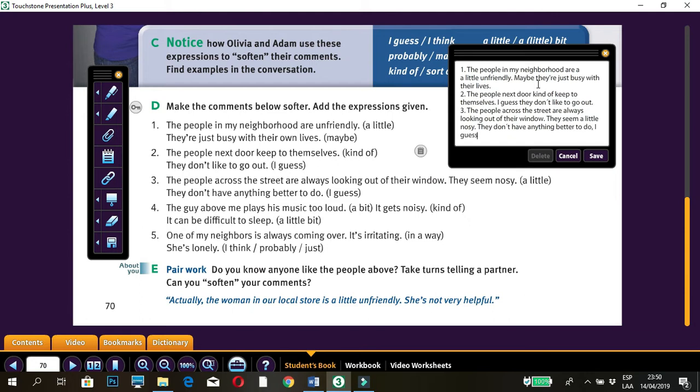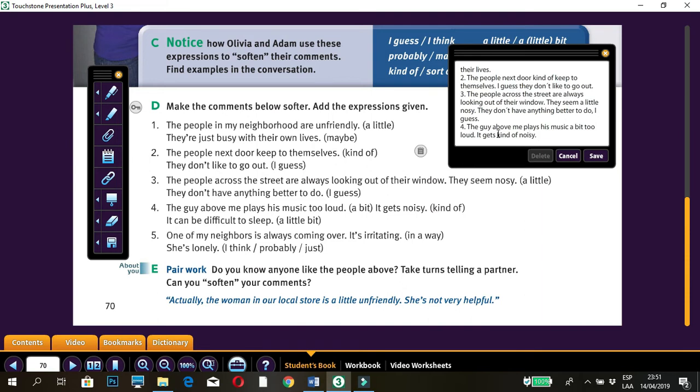Number 4, the guy above me plays his music too loud. It gets noisy. It can be difficult to sleep. So instead of saying that, to soften your comment, you can say the guy above me plays his music a bit too loud, un poquito alto, okay?